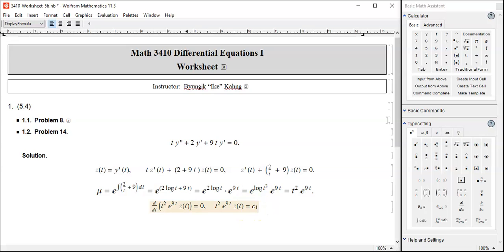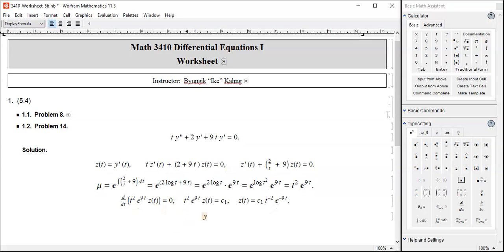So I'm going to need C2. z of t is C1 times t to the negative second power e to the negative 9t power. It looks like this. And this one is, as a matter of fact, y prime because that was a setup.